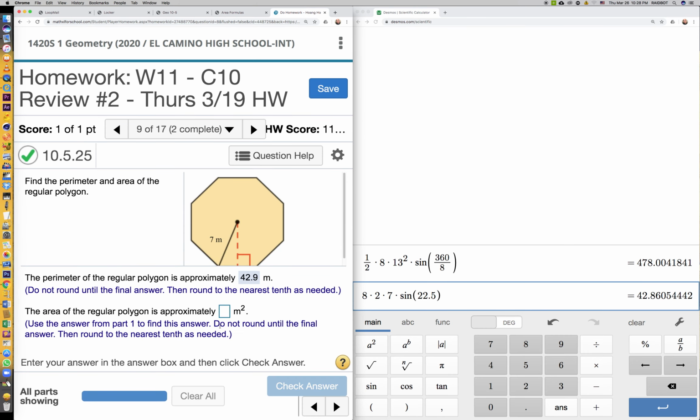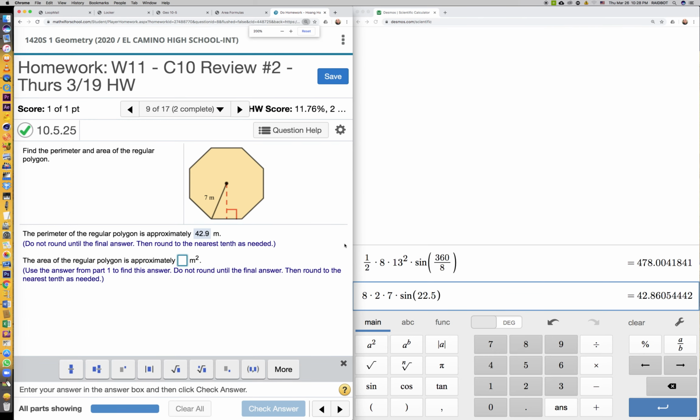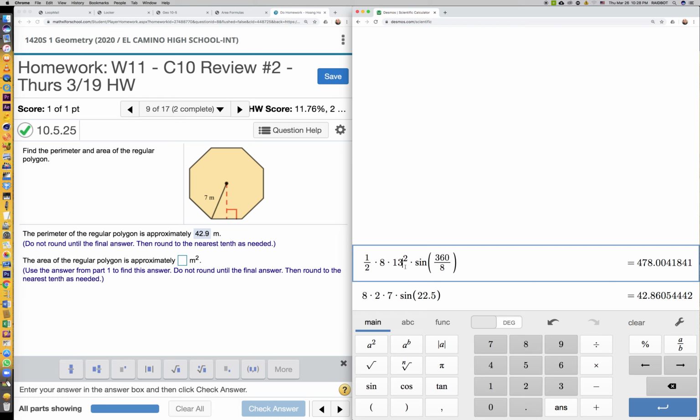Okay. And the next question, I want to find the perimeter of my polygon. I already know the radius, which is 7. So I go to this formula, the previous formula over here. Octagon, so the number of sides 8, 8 stays the same, but 13 now changes to 7.